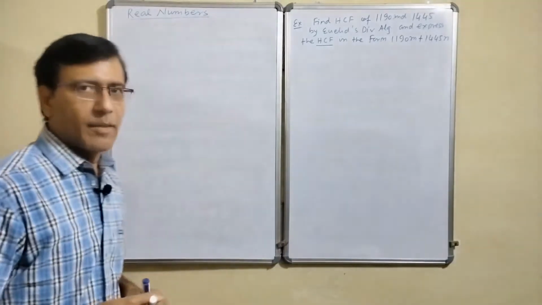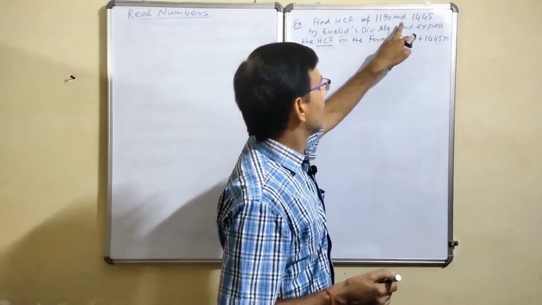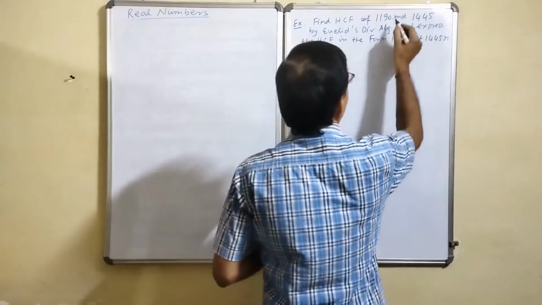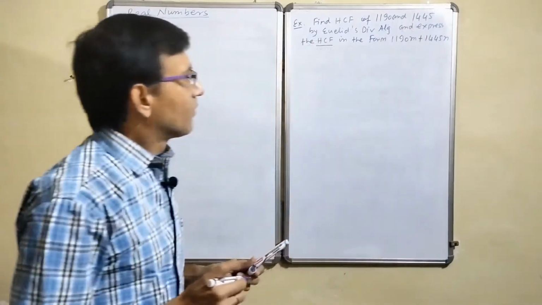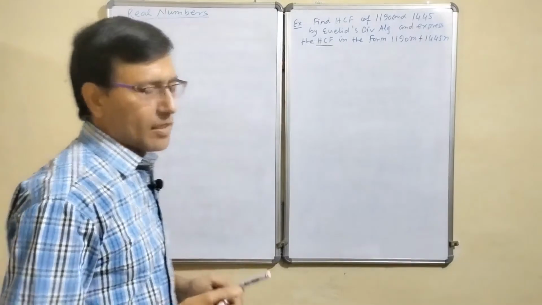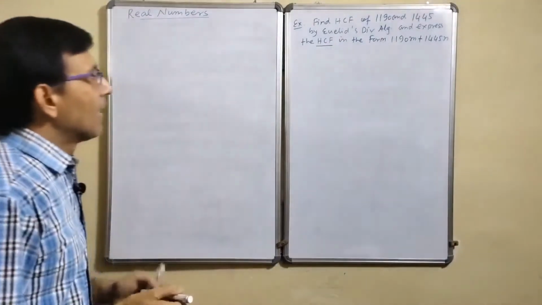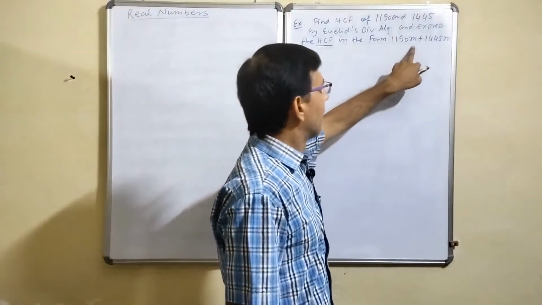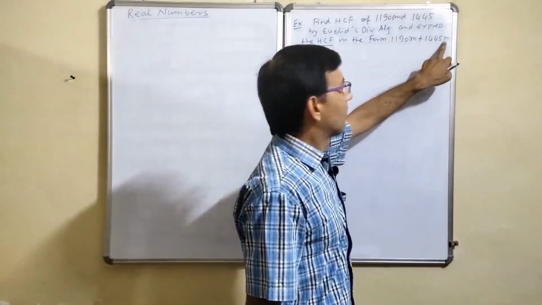Take one more example. Find SCF of 1190 and 1445 by using Euclid's division algorithm, and express SCF in the form 1190 m plus 1445 n.